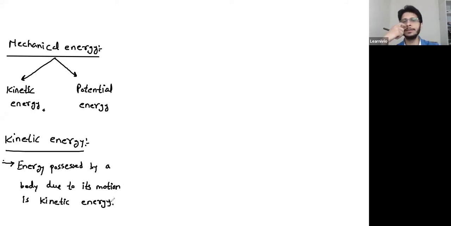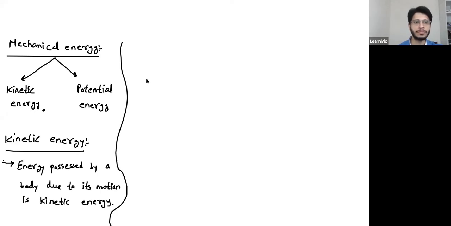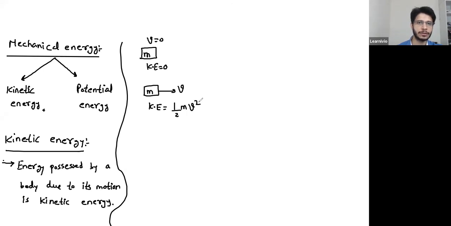So if you have a body and this body is at rest, the velocity is 0, then it doesn't have kinetic energy. But if this body starts moving with a velocity v, due to its motion this body will have some kinetic energy, and that kinetic energy is half m v square. So energy due to the motion of a body is kinetic energy.